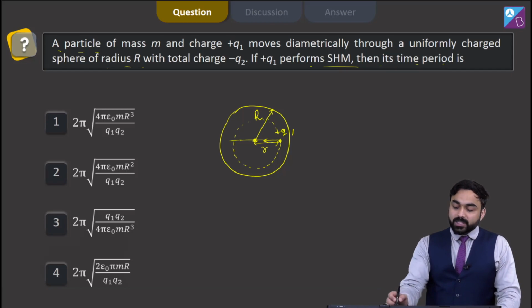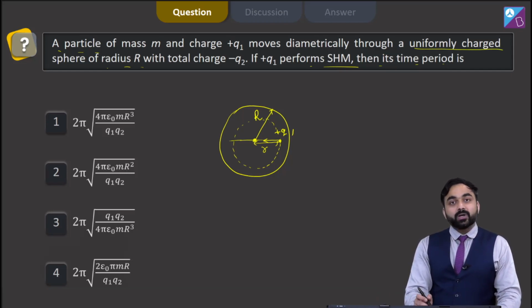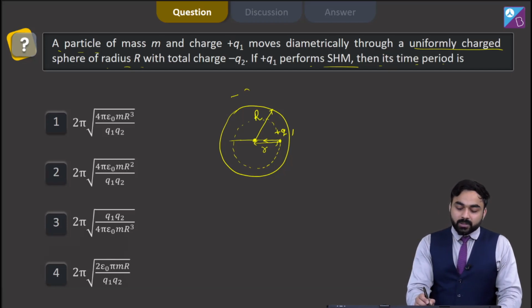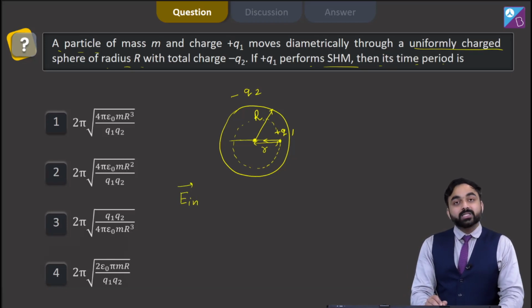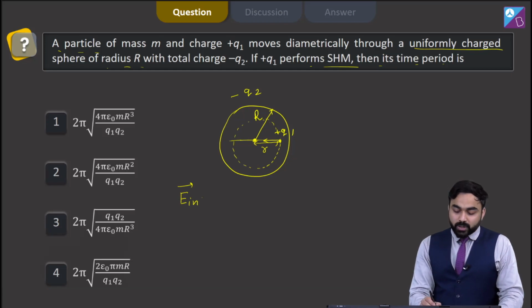Now the question says that the sphere is uniformly charged, and if it is uniformly charged, therefore it is a non-conducting sphere, and the total charge on the sphere is minus q2. So if we calculate the electric field inside the non-conducting sphere due to minus q2 charge, it will come out to be minus k q2 over R cube into r, correct?